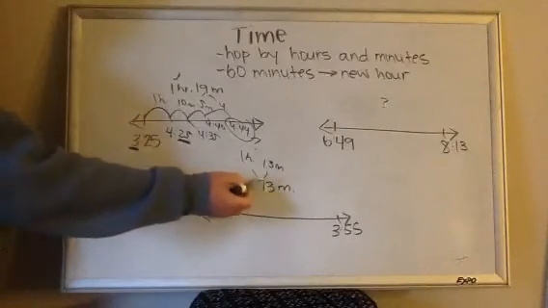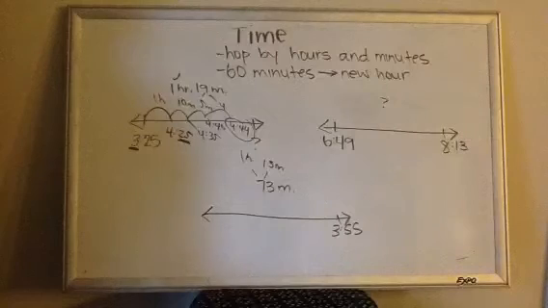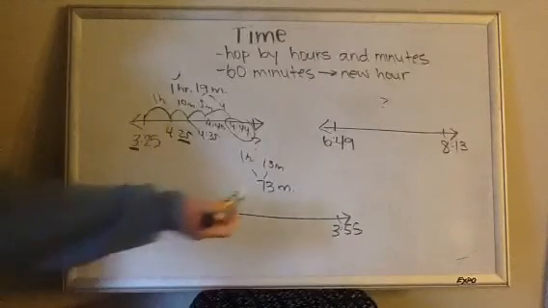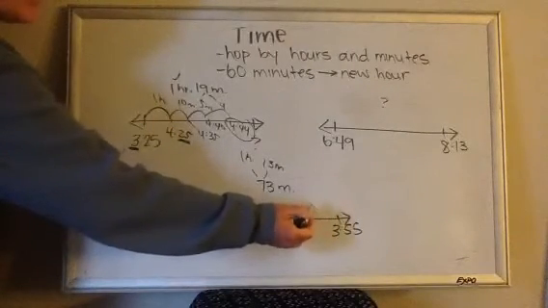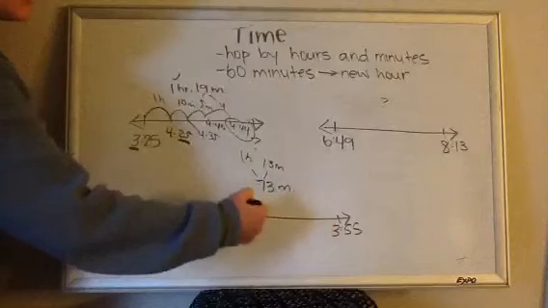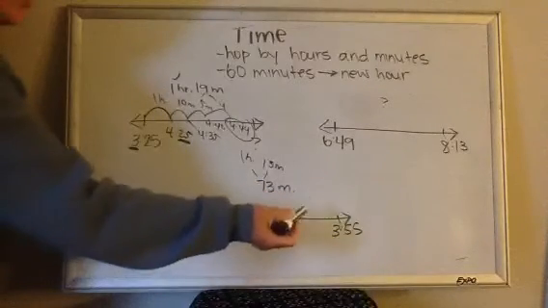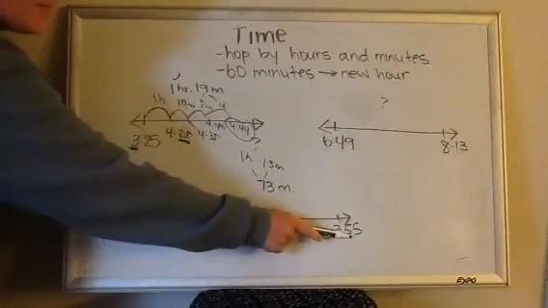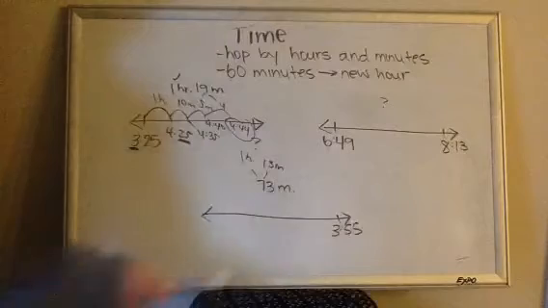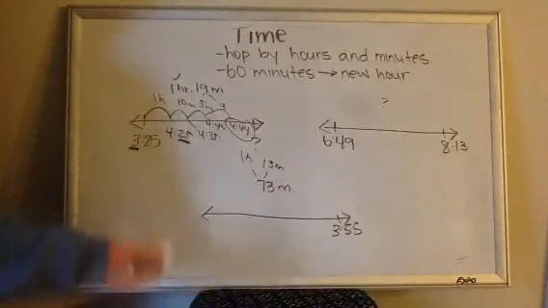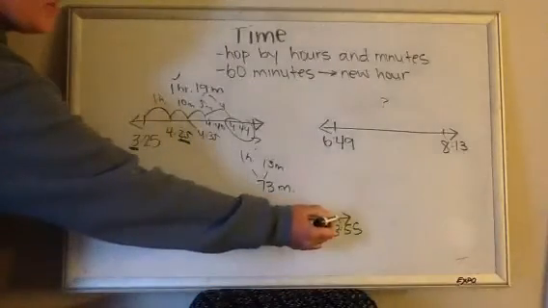So if I'm doing 73 minutes, well, something I could do is I could hop 10, 20, 30, 40, 50, 60, 70, and 3. So I could do that. Or I could hop 55 because that would get me to a perfect 3 o'clock. Either way. So let's say I do the 55.